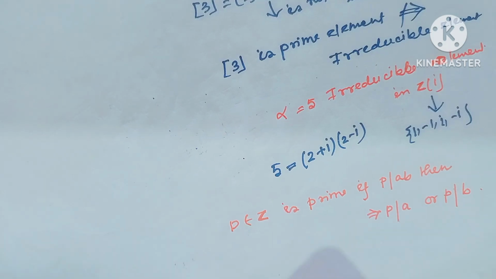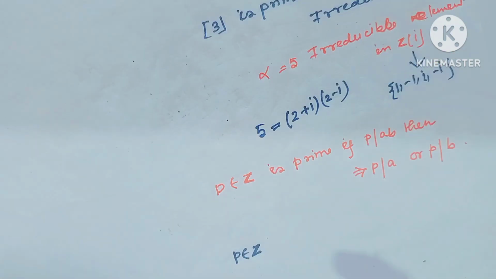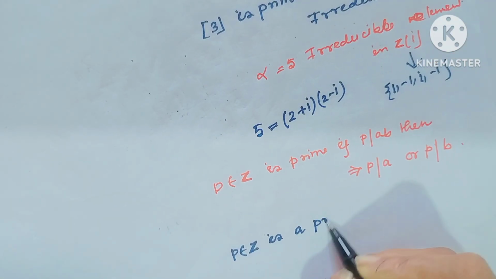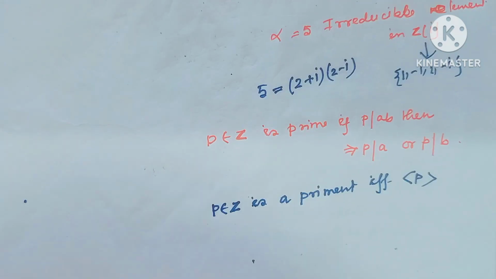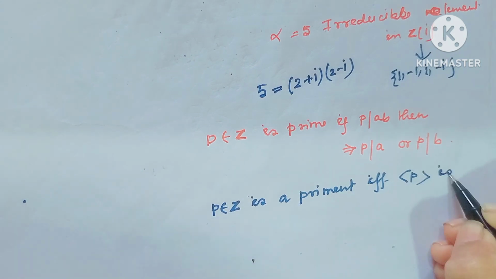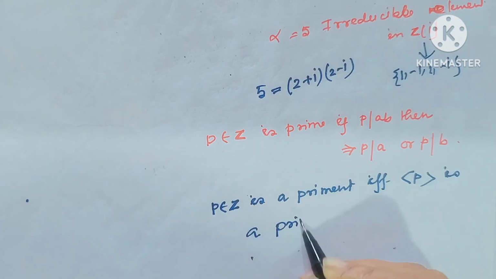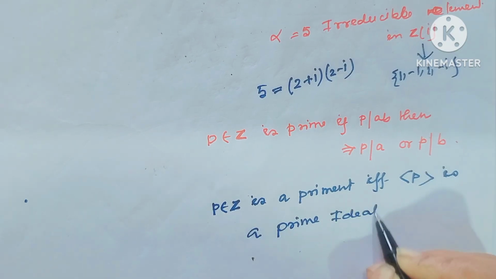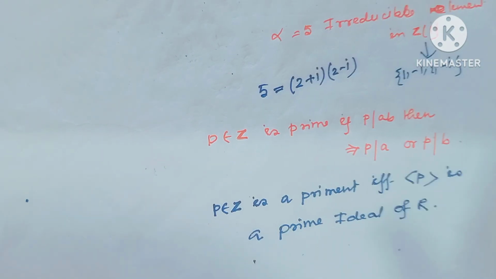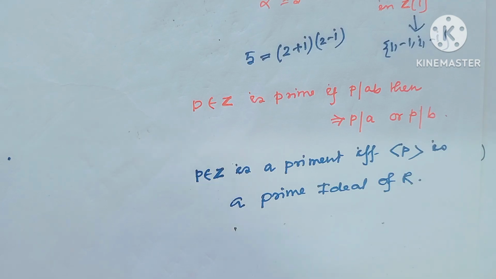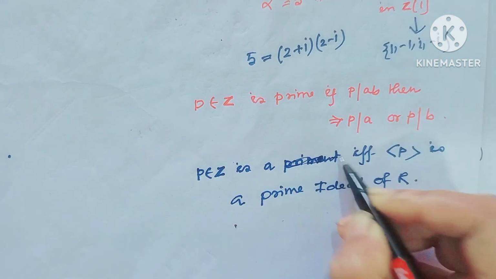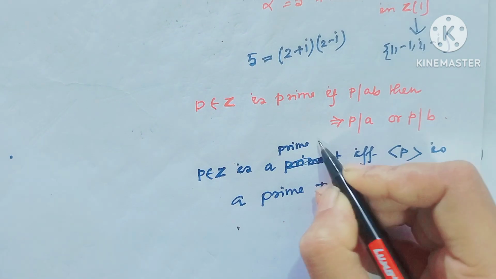So P is a prime element if and only if the ideal generated by P is a prime ideal of the ring R. This is valid for all rings, because if the ideal generated by P is a prime ideal, then the element P is a prime element.